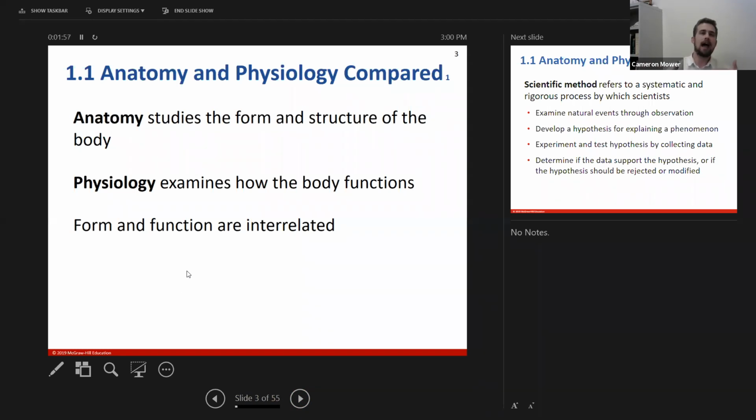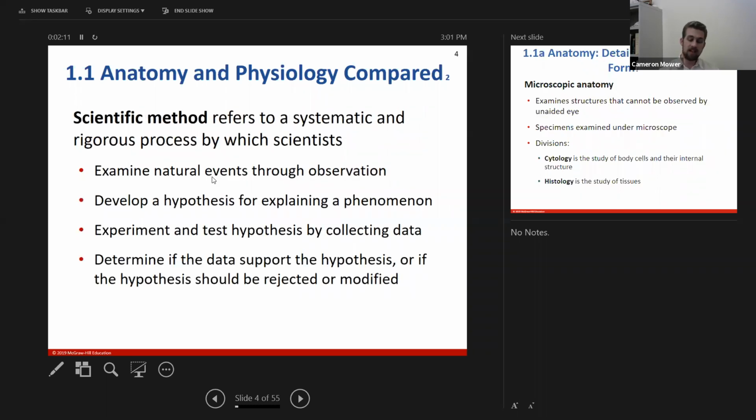And so to have a conversation about anatomy, you really should be having a conversation about physiology as well, and vice versa. Now, that's anatomy and physiology. There's a definition for you right there.